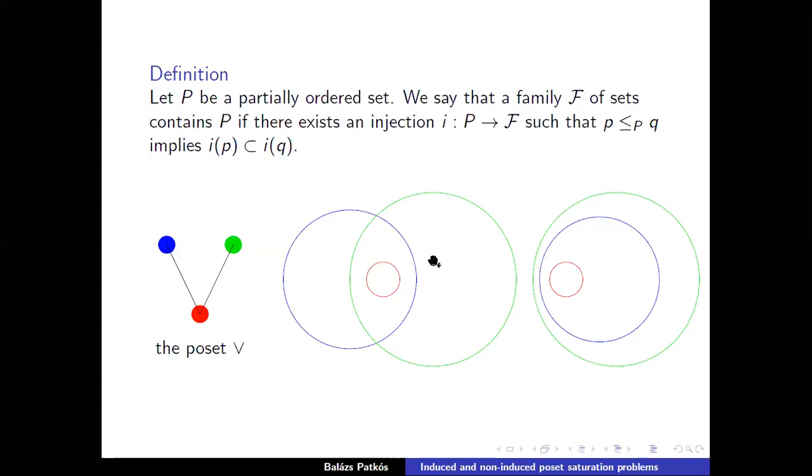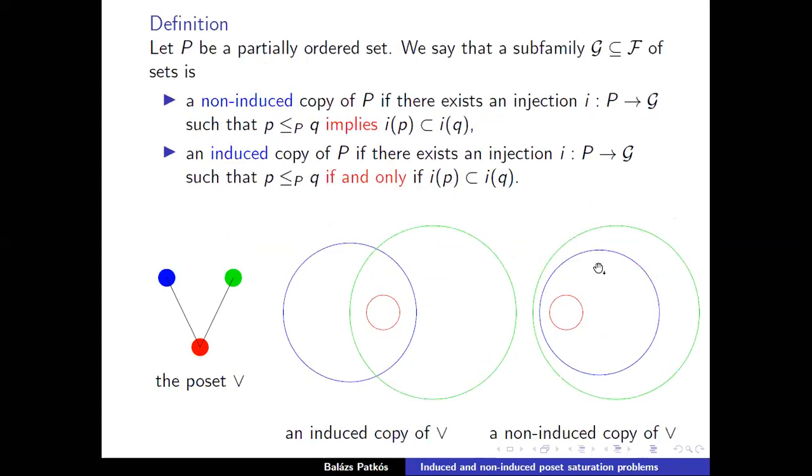And the difference between these 2 configurations of sets is that here we only have containment exactly when there is a relation in the poset, and here there are some additional ones. And so therefore we distinguish between 2 notions. This is something that is called an induced copy of this poset with sets, and this is a non-induced copy of these posets. And here are the formal definitions.